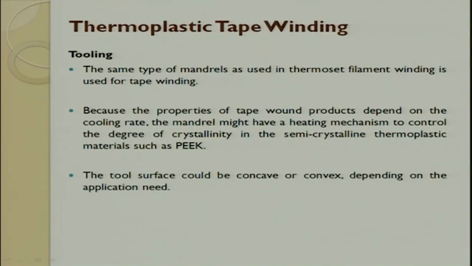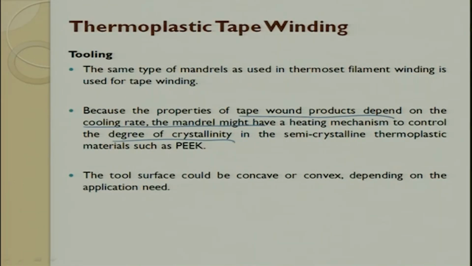The same type of mandrel can be used, whatever it is. Then the properties of the tape wound around depend upon the cooling rate of the mandrel, because heating and cooling are very important. If you change the heating and cooling properties, we can change the degree of crystallinity, and if you change the degree of crystallinity, then the property changes.